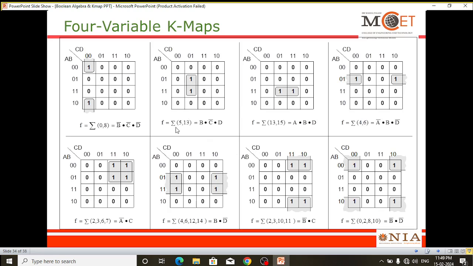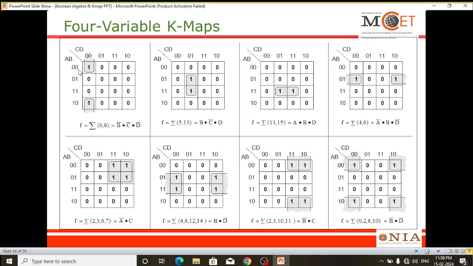Here the sigma represents the sum of minterms. We have SOP form, canonical sum of product form, and canonical product of sum form. In the product of sum, pi is used. So this is a 4 variable K-map example with 16 minterms. This is the format for forming the table. There are 4 input variables, A, B, C, D. Then 2 power 4 gives 16 combinations, that is 0 to 15.